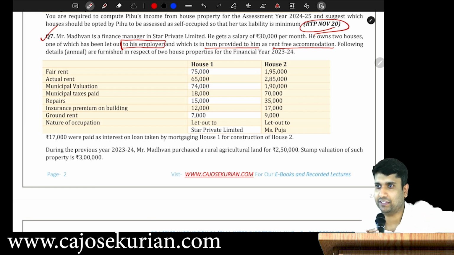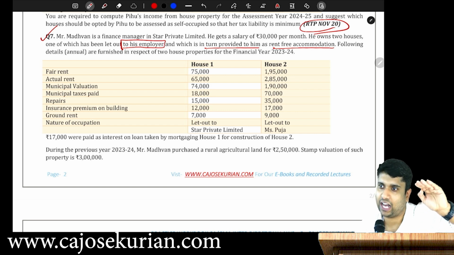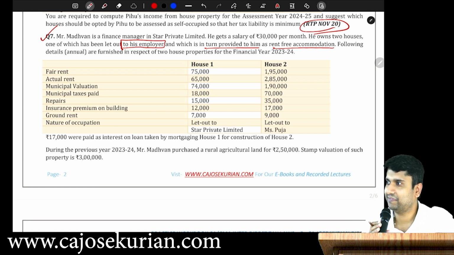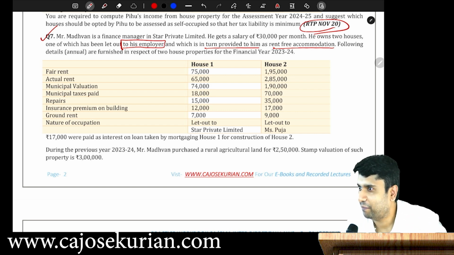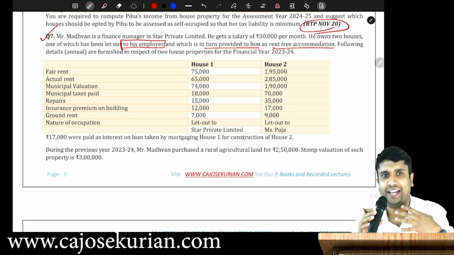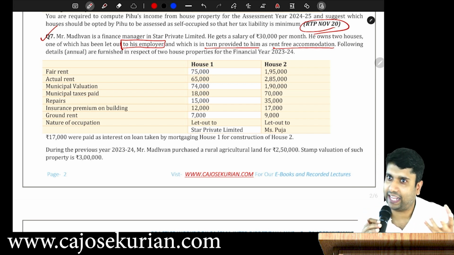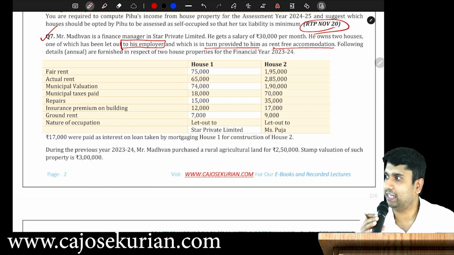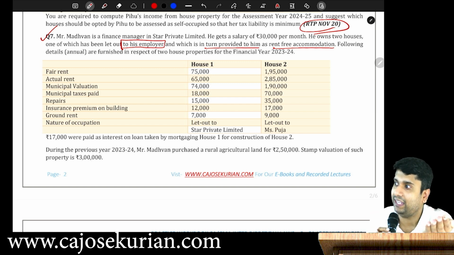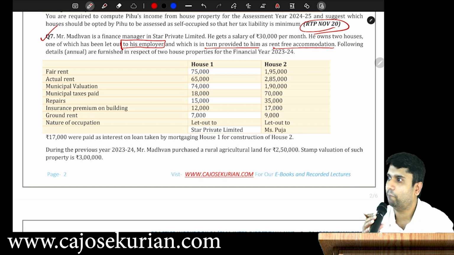It is rented out, so should I now take a house outside for rent? Yes or no? Because right now I have given my house property on rent to my employer. Now I should take a house outside on rent, but it is not required. The employer has given me the same house back as a rent-free accommodation.